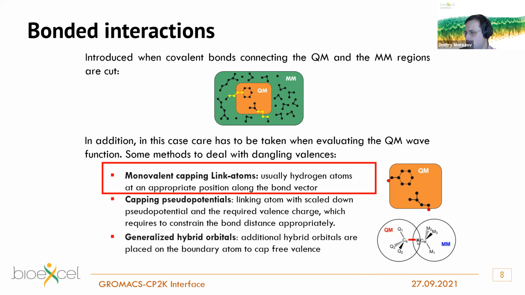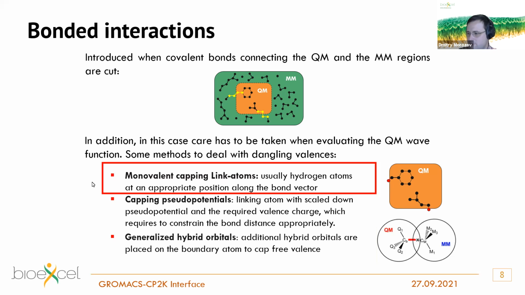For a CC bond, you can put it somewhere here, so it's about a 1.7 to 1 ratio, something like that. And then you can cap this dangling valence from the QM part.